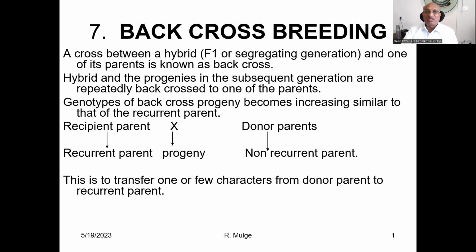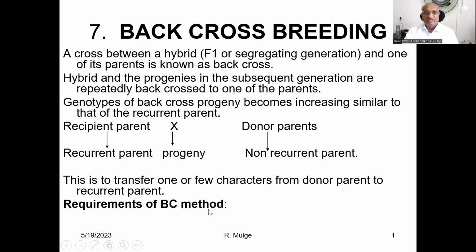This is to transfer one or few characters from the donor parent to the recurrent parent. Maybe one gene, it's good, easy. More genes, that becomes difficult. So that one gene has to be transferred to this recipient parent.